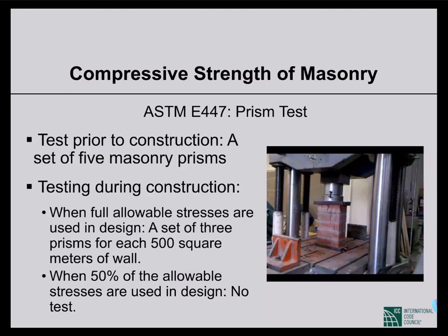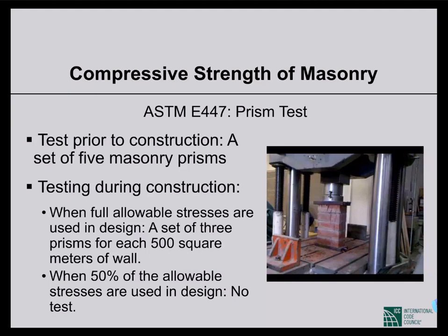We can prepare a masonry sample by placing 5 bricks with bed joints, and this will make a prism. In some cases we can make it using 3 bricks or so. The slenderness ratio is corrected in the calculation that is given in ASTM E447.